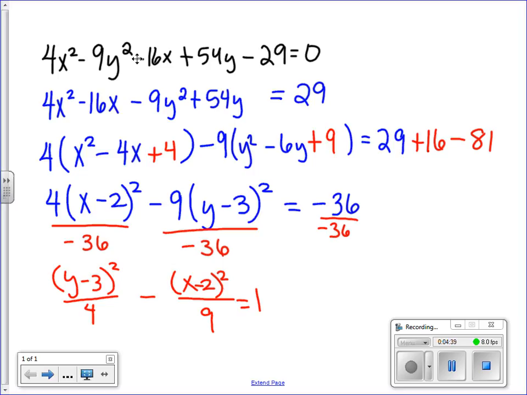Okay. Alright, so that's the completing the square part. We've done this. Now we got some signs to mess with because hyperbolas have this minus sign in the middle. But as far as just the completing the square part, we've done that, right? Okay, I'm going to pause the recording and I want you to graph this.